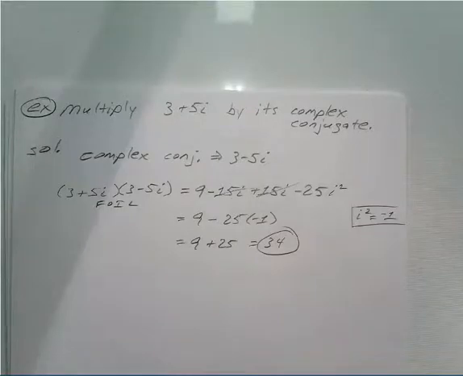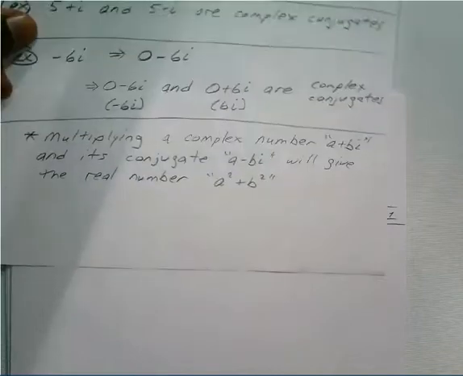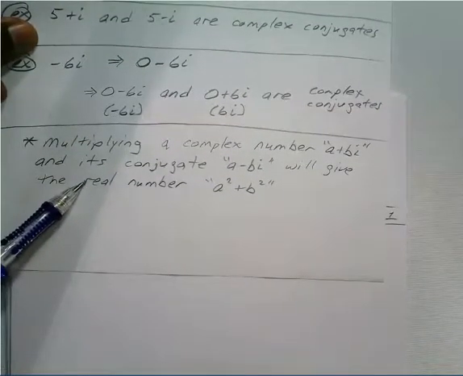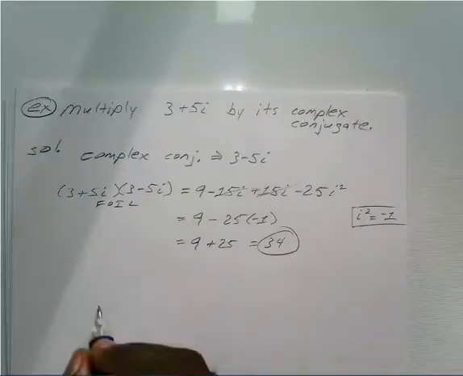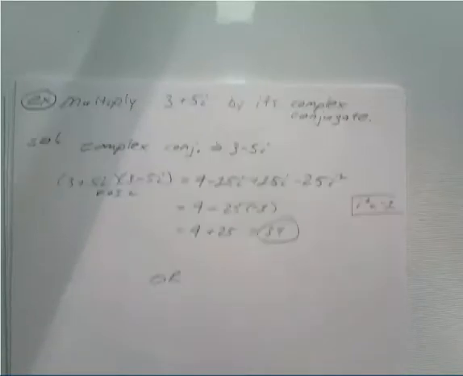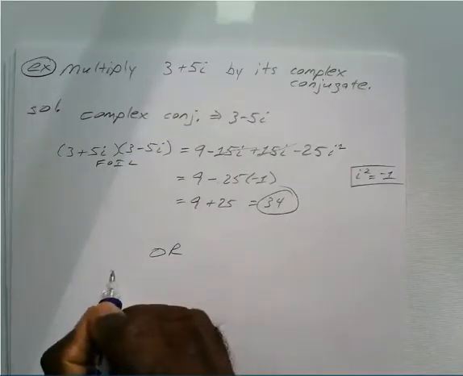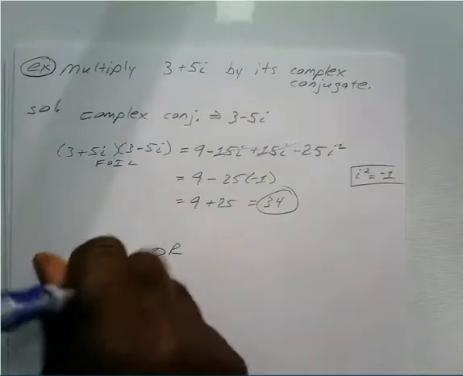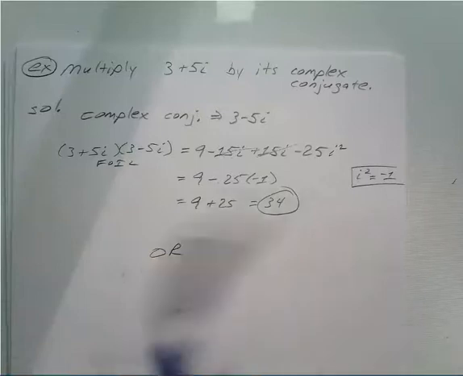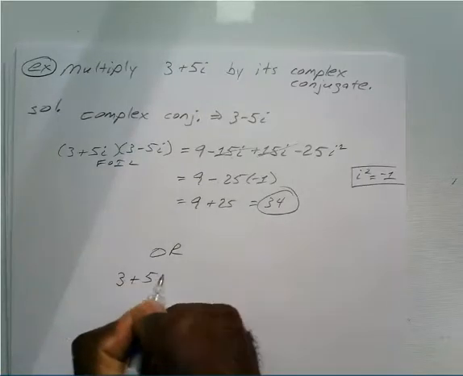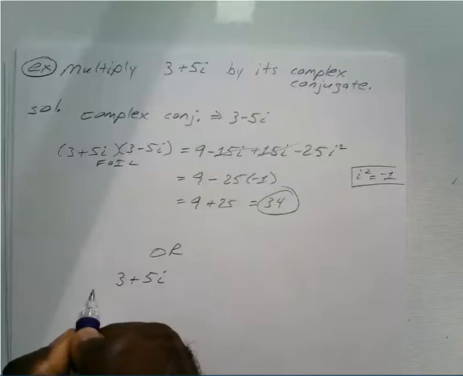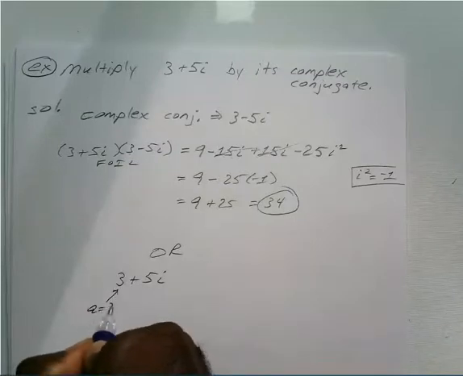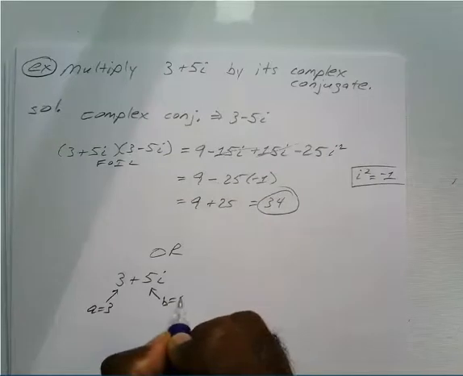Now, using this formula from the previous page, right at the bottom: you multiply two conjugates, you have a squared plus b squared. In 3 plus 5i, we know that a is equal to 3 and b is equal to 5.